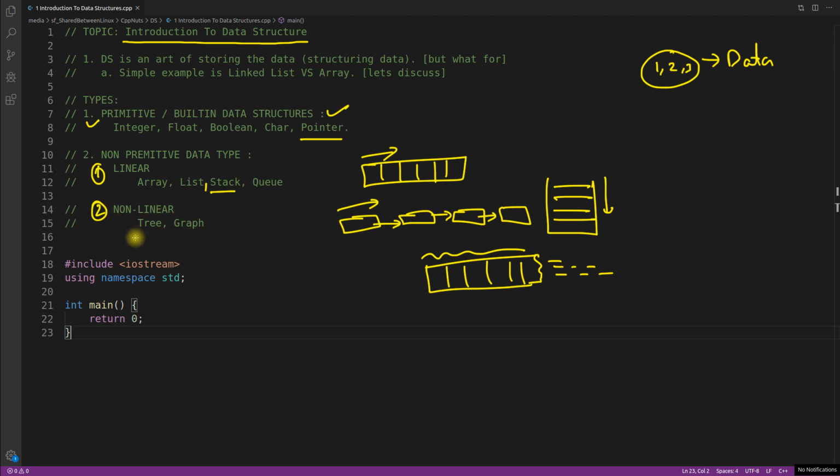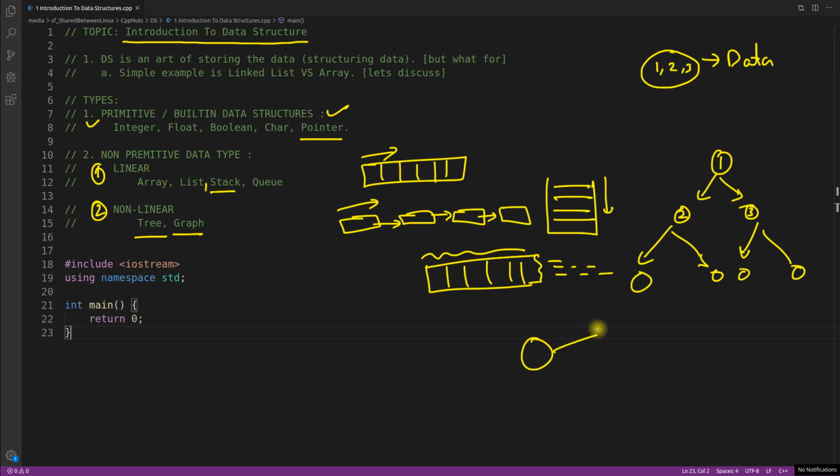Non-linear data structures have two types, tree and graph. If you have not seen a tree, I'll show you how it looks. This is how your tree looks. These small circles are nothing but your data nodes. As I said, you have 1 or 2 or 3, some data, you can store into them. So this becomes a tree, and a graph is like this.